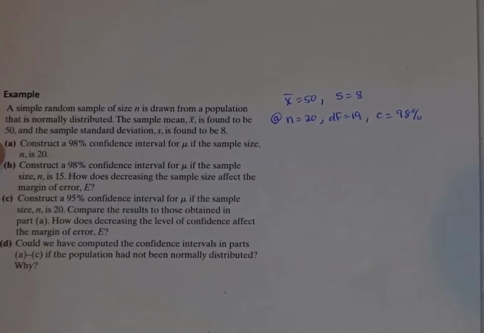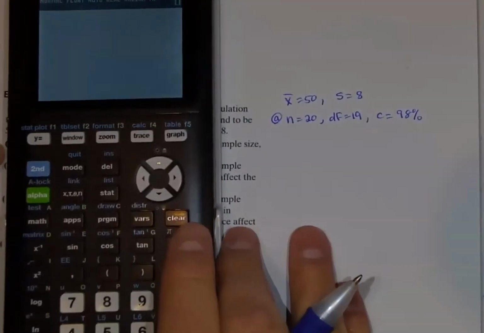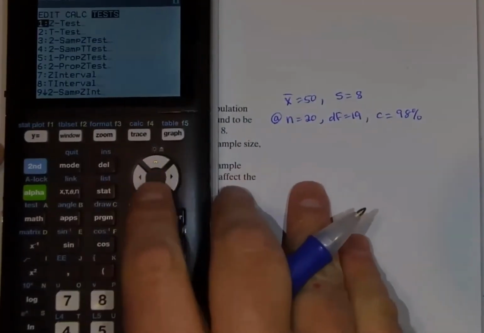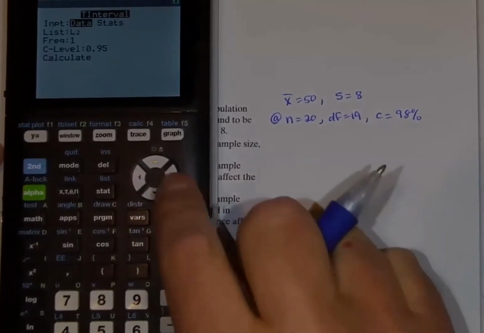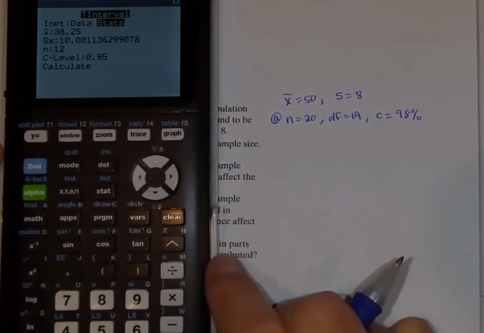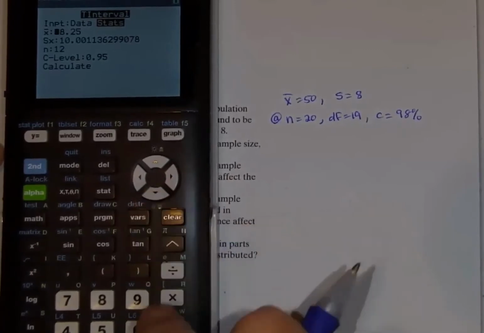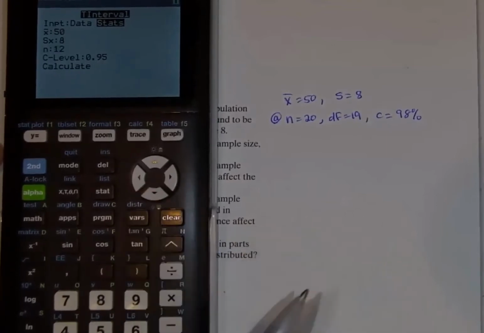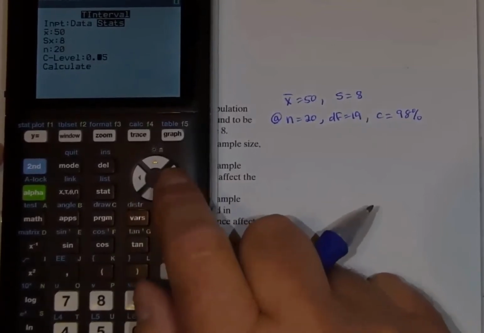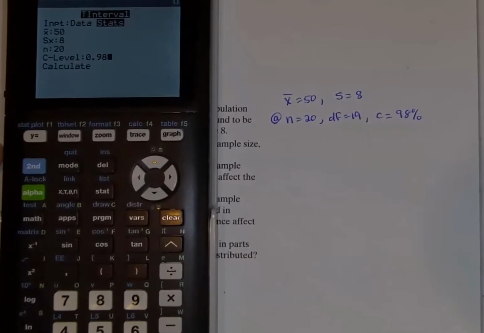So I'm going to use my calculator to do that. I'm going to go to stat, test, and t-interval. In this case, I have statistics, not data. X bar is 50, s is 8, my sample size is 20, and we're doing a 98% confidence level.